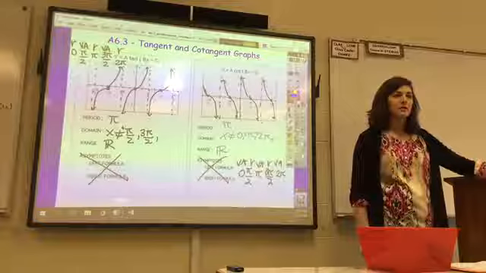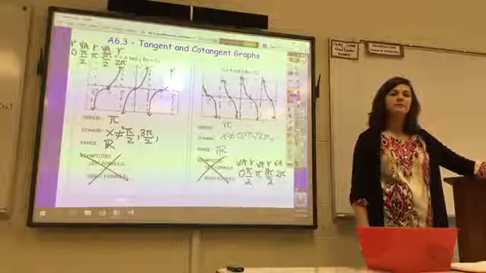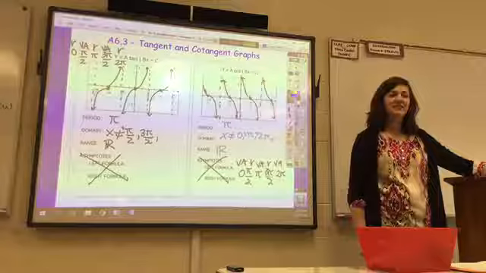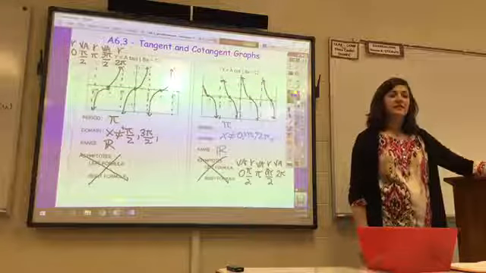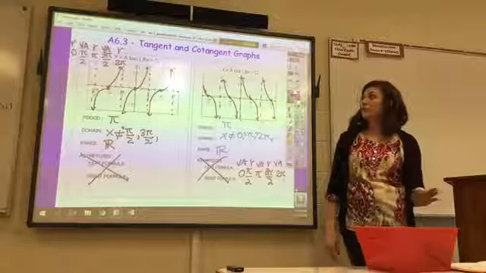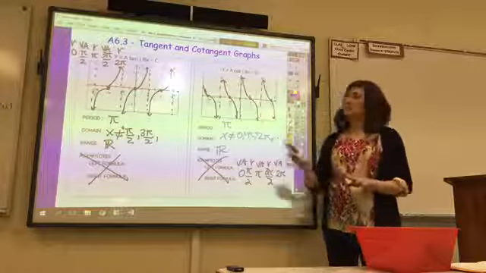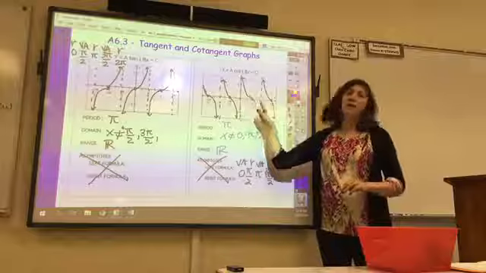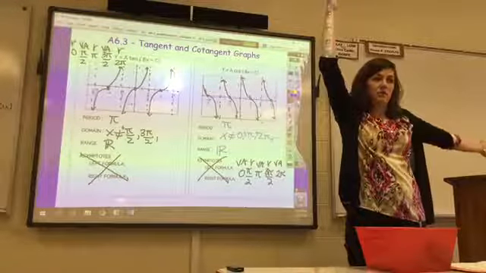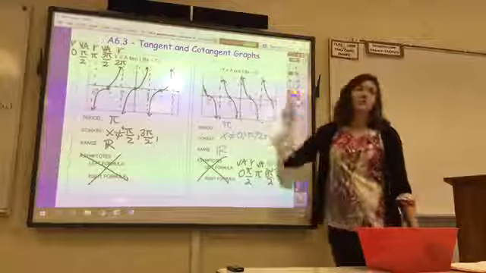Yes, ma'am. Why did they go that way? You have to look at where the position is. So if you think about from 0 to pi over 2, that's quadrant 1. Everything's positive in quadrant 1. So this graph has to be positive.